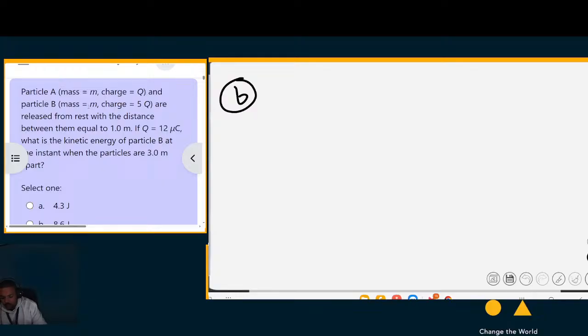Since they gave us the mass as m, that gives you a hint on what laws to use. The initial momentum is zero because it's at rest.